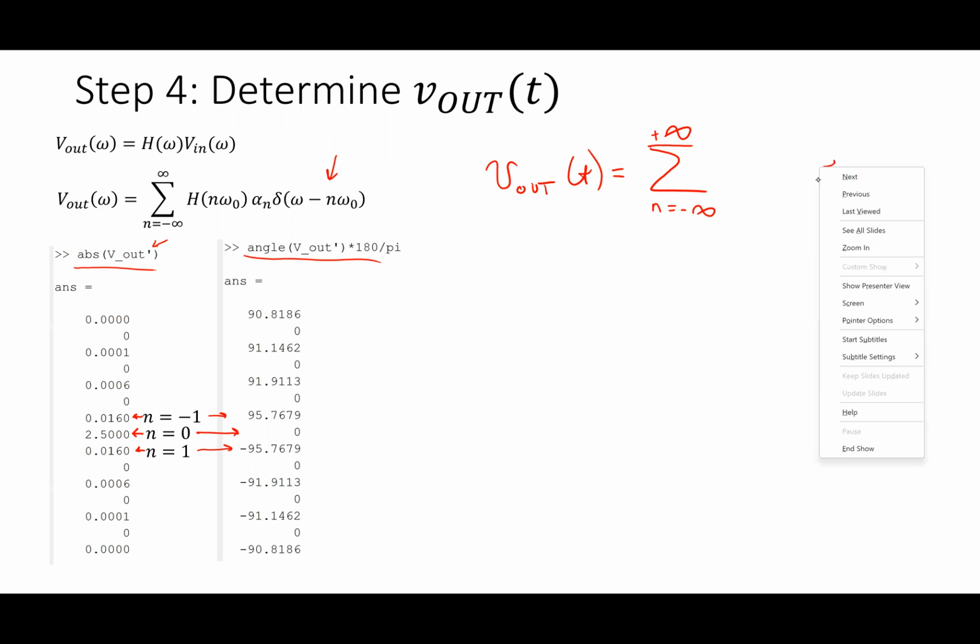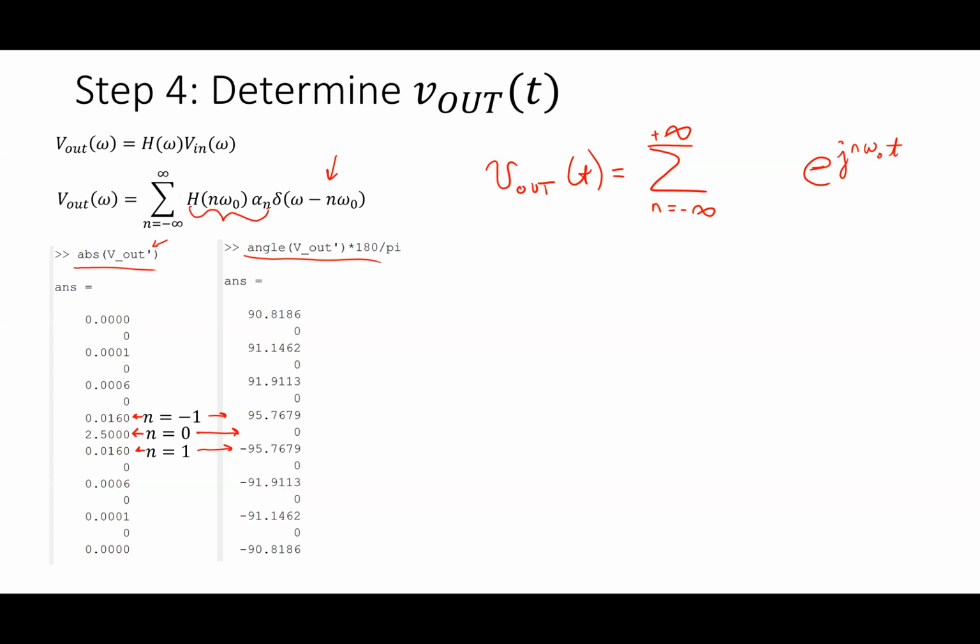If I write this in the complex form of the series, I have e to the j what? e to the j n omega naught t, and then it has a Fourier series coefficient. What's this coefficient?